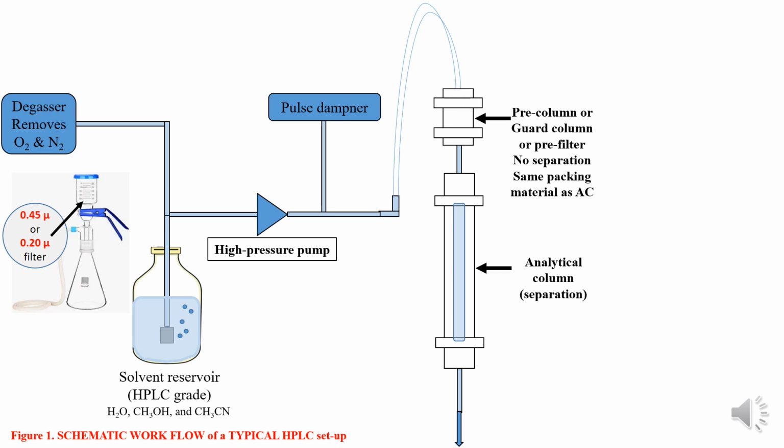Now the pre-column is also called a guard column as it protects the analytical column from particulate matter or impurities, and thereby it increases the life of the column. It is also called a pre-filter as it filters out any particulate matter or impurities present in the mobile phase. Now the packing material is the same both for the pre-column as well as the analytical column.